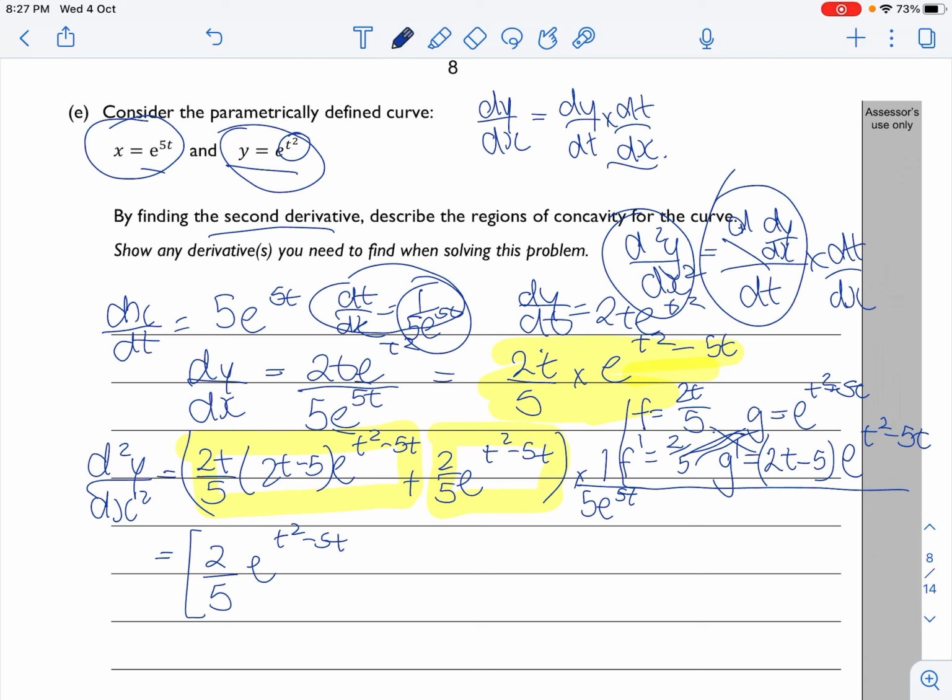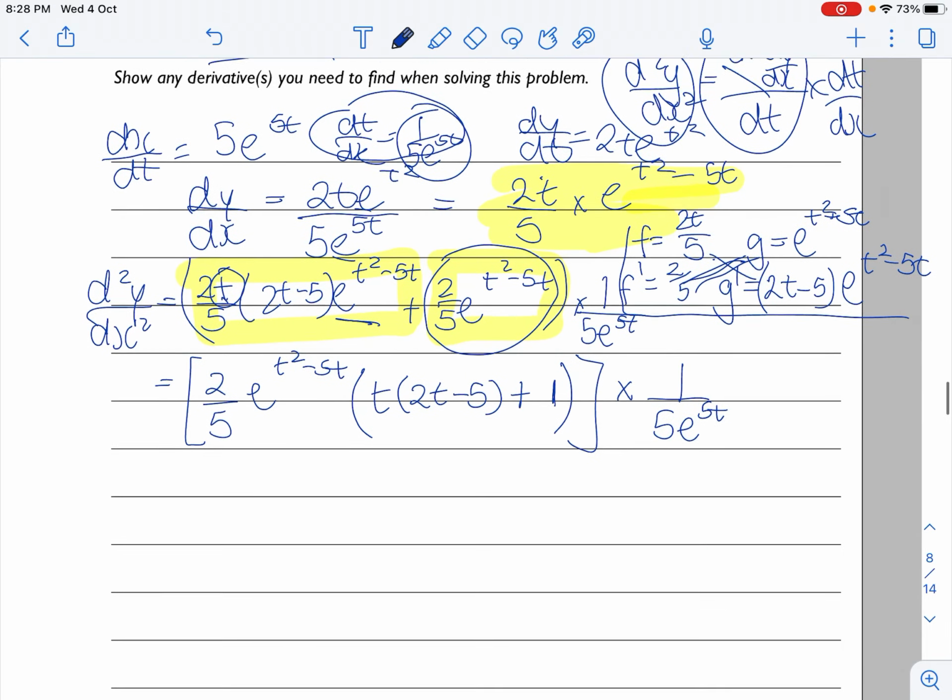Okay, so we've pulled that out the front. So what am I left with here for the first bit? I'm left with a t from there, and I'm left with the 2t minus 5. The e bit's gone out the front. Now, I've got a plus in the middle, and this whole thing's been pulled out the front, so all I've got left there is 1. Okay. And then, times by 1 over 5e to the 5t.